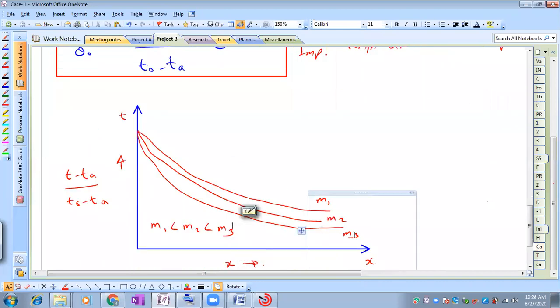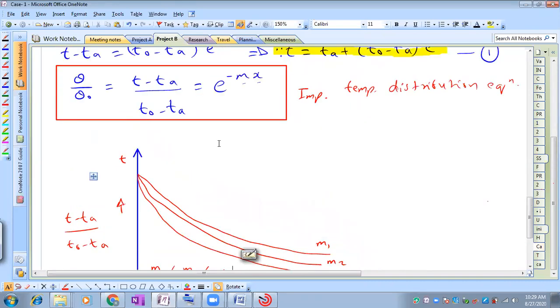So where m3 is the maximum, we have a decreasing curve, and m1 is a higher curve than m3. So I can say if the value of m increases to infinity, then e raised to minus infinity will be 0, so my dimensionless temperature will fall to zero.